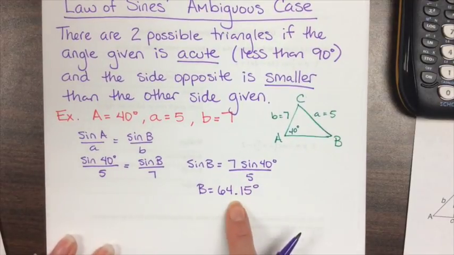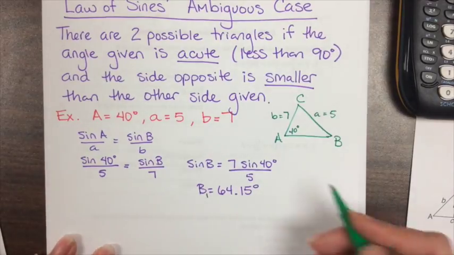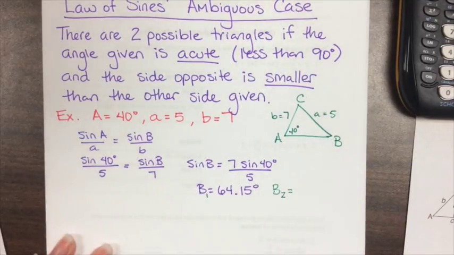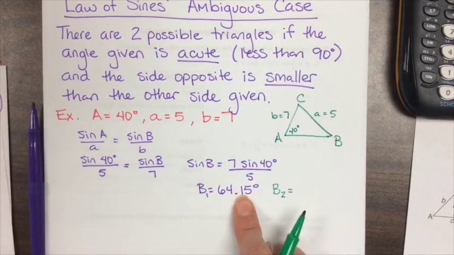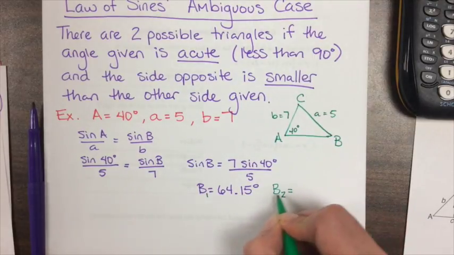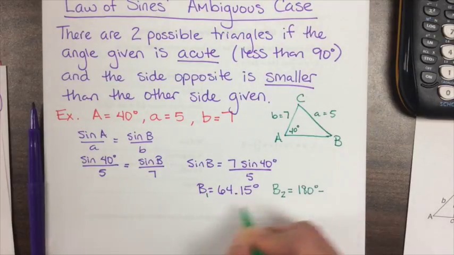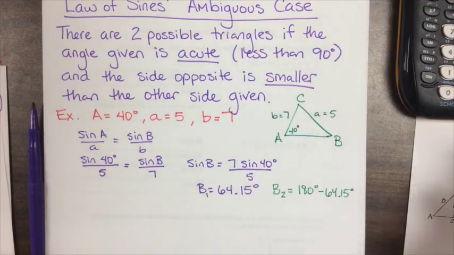So let's call this one B1. To find B2, the other option for angle B, it is supplementary to what we found with our calculator. Supplementary means it adds to 180. So to find the second version of angle B, we're just going to take 180 degrees and subtract what we just found, 64.15 degrees.